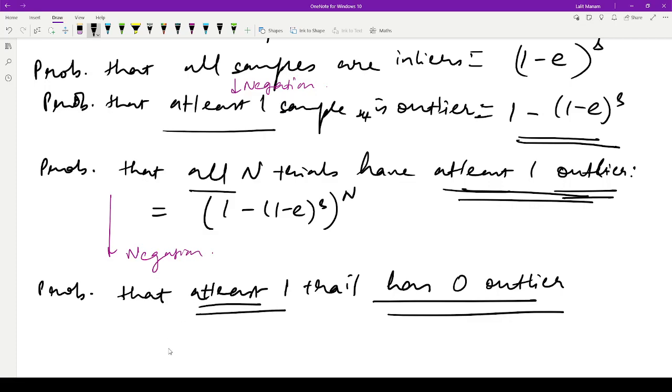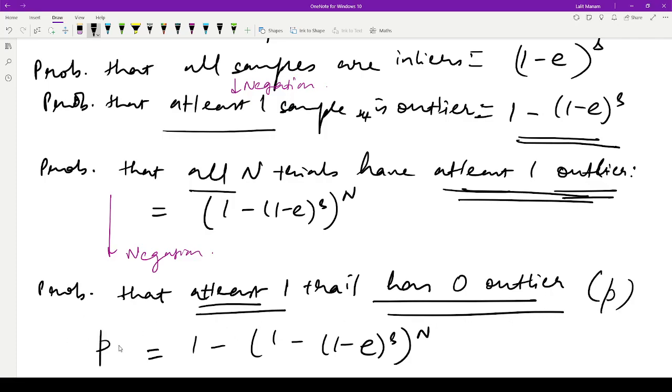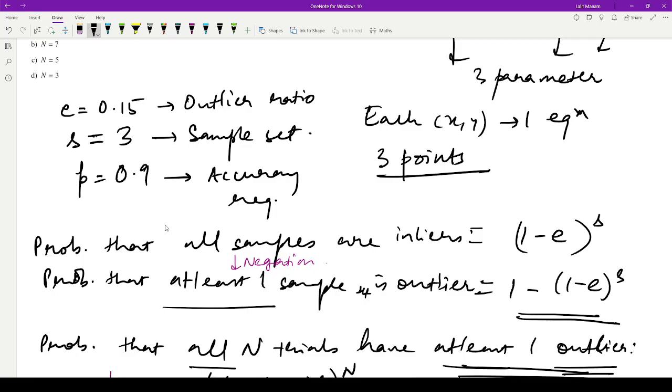This is how the negation works here, which gives 1 minus (1 minus E to the power S) whole to the power n. So this probability is P, which is the accuracy required.